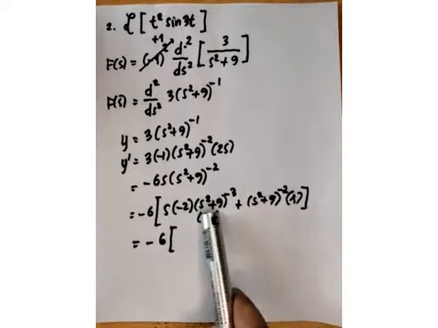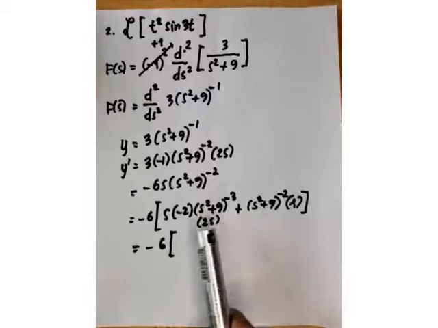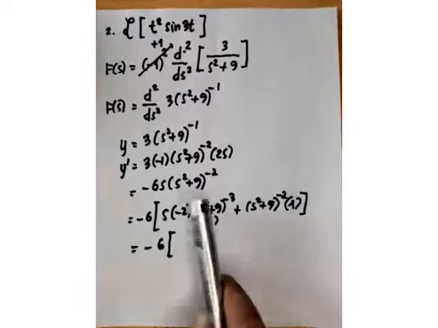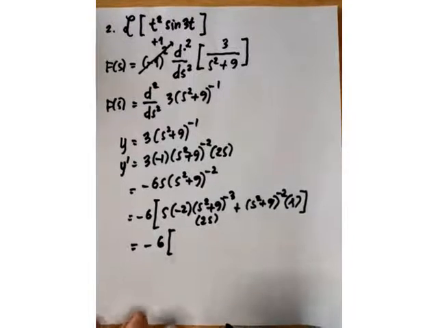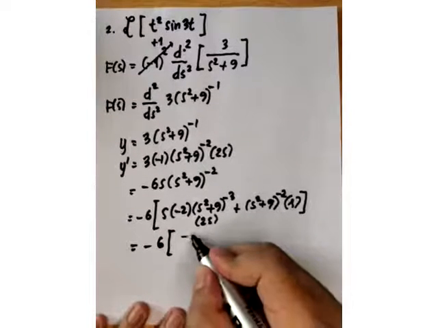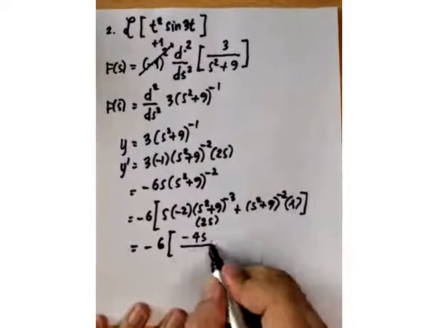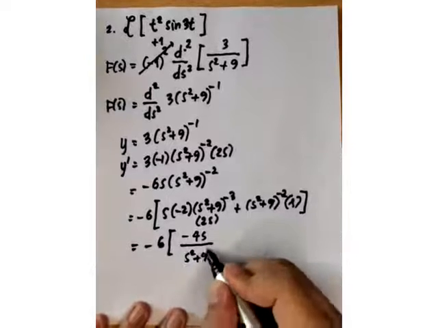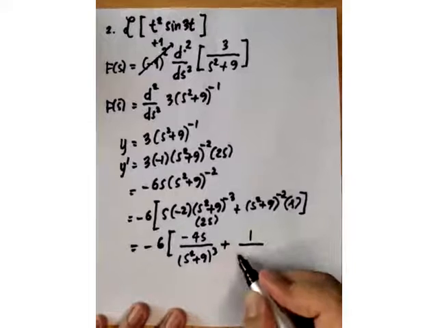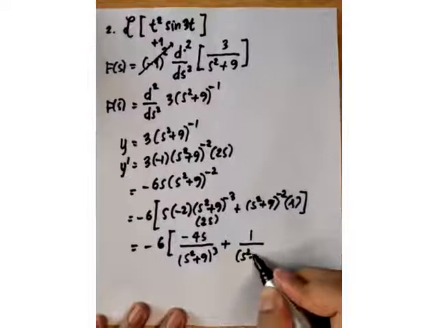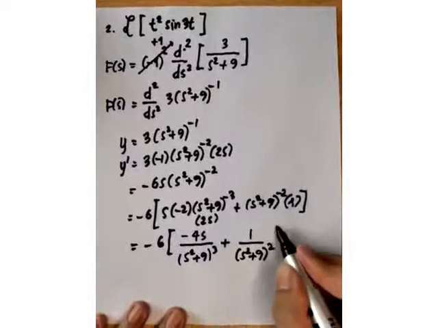Minusan ko ng 1 and then i-derive ko to. 2s. And then kakopy ko ito and then i-derive ko yung s, so 1. So yan. So magiging siyang negative 4s over s squared plus 9 raised to 3 plus 1 over s squared plus 9 raised to 2.